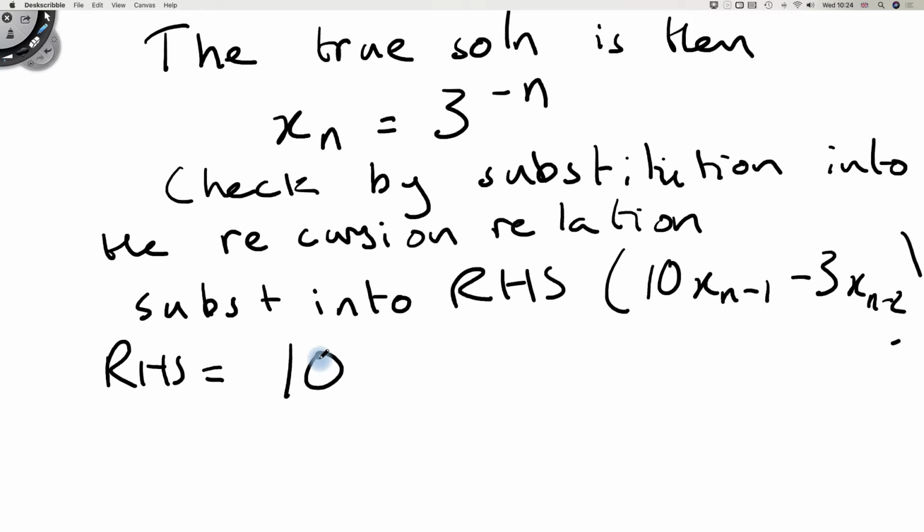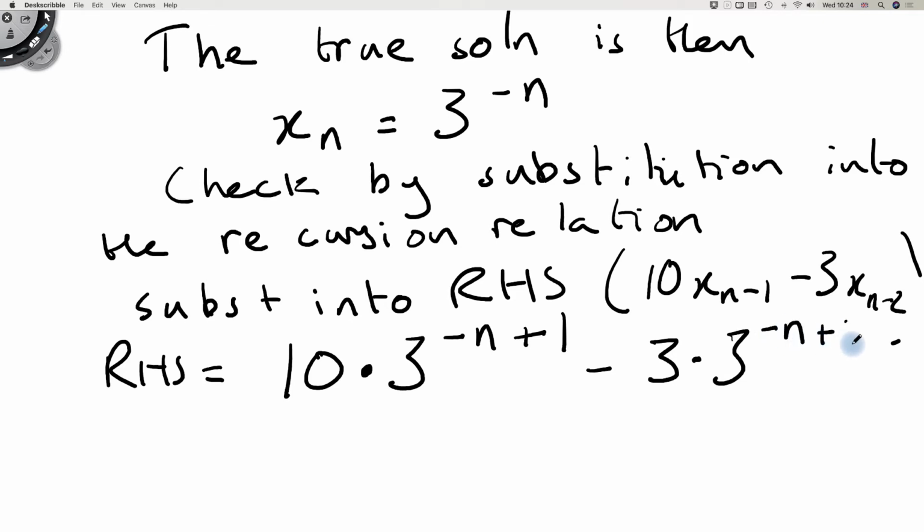We just substitute n minus 1 in there, remember the minus sign. So that's 10 times 3 to the power minus n minus 1, so that becomes plus 1, because of the negative sign. And then minus 3 xn minus 2, 3 to the power minus n plus 2.